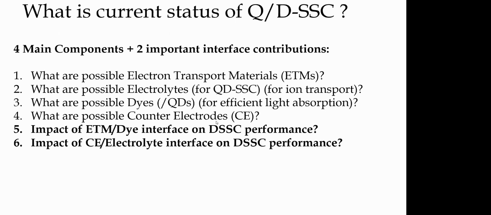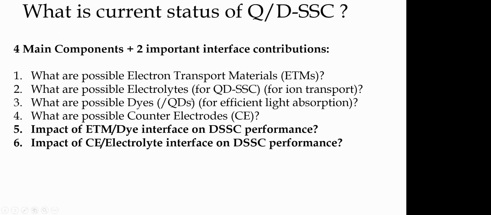The current status is that people are working on this as a research problem. There are four important components as materials. The electron transport material, which we have seen with examples of TiO2 and SnO2. People are trying to bring new materials that can compete with these, but so far TiO2 has shown the best performance because of its chemical stability and large band gap.